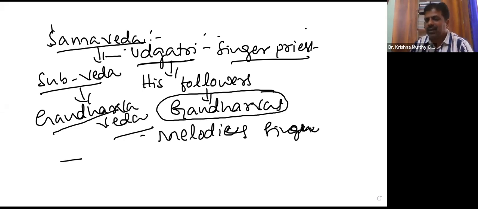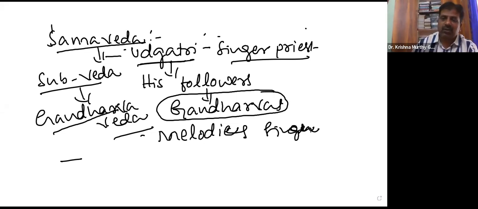It deals with the magical concepts of the Vedic period, basically Indian hypnotism based on the text Atharvaveda. It also has its own sub-Veda called Shilpa Veda.